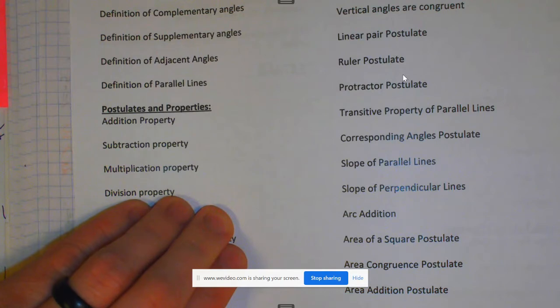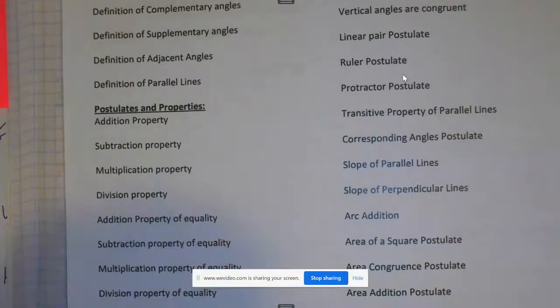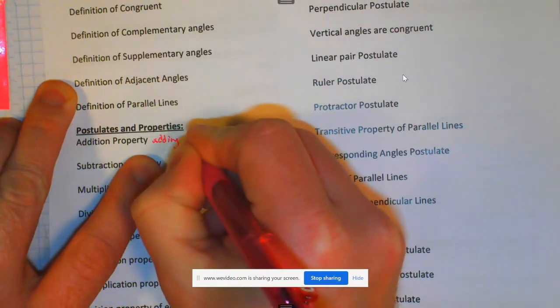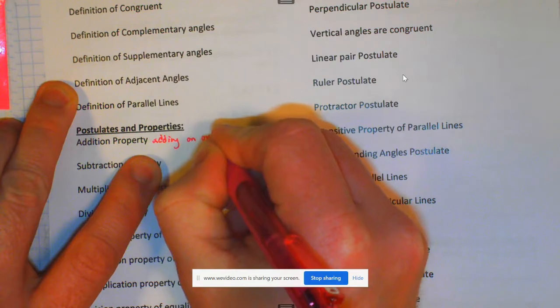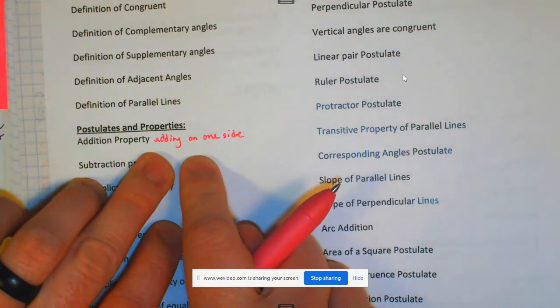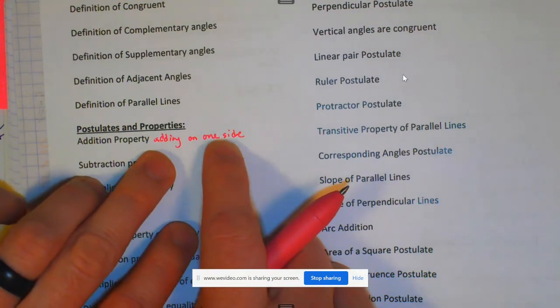What these 4 properties do is perform that operation on one side. The addition property would be adding on one side. We normally call this reducing or simplifying, but it's the addition property.